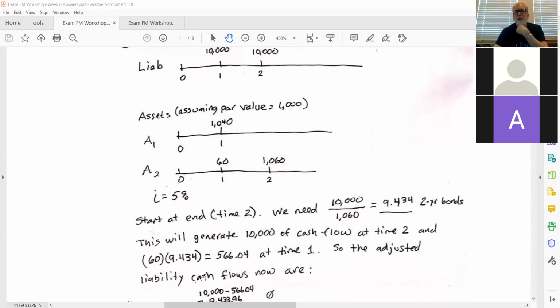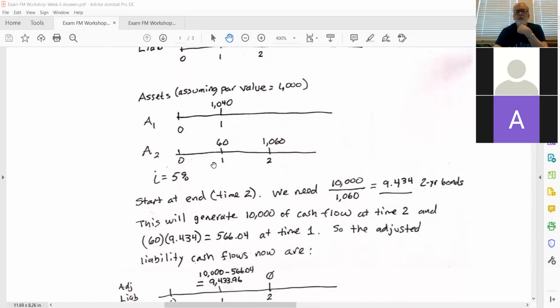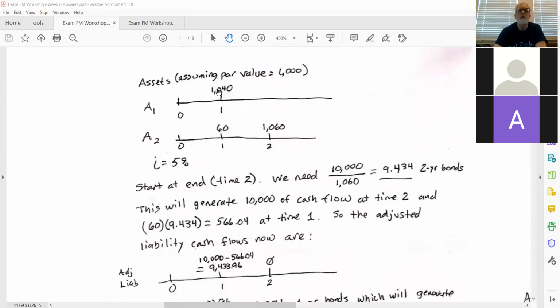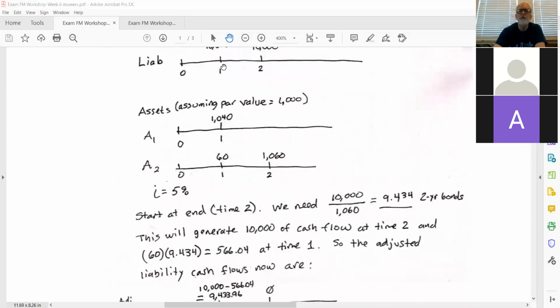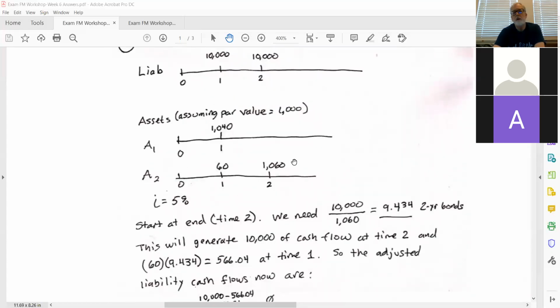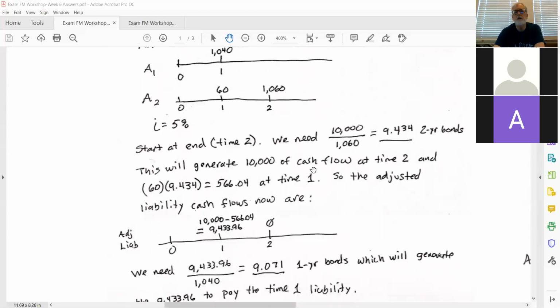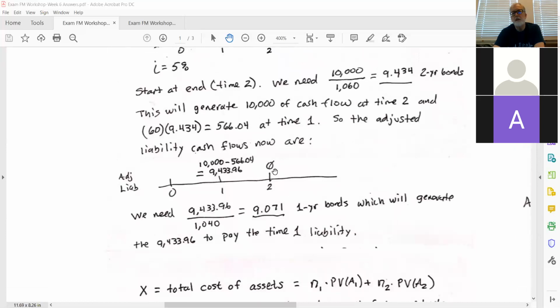So it'll generate $566 of cash flow at time 1. So if we look at the adjusted liabilities, which are the original liabilities minus the cash flows from the 2-year bond, we're left with nothing at time 2 because we've generated 10,000, and then we subtract the 566, so there's still 9,433 of liability that needs to be paid.